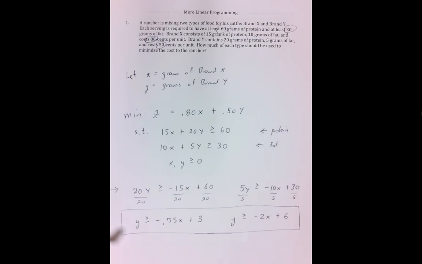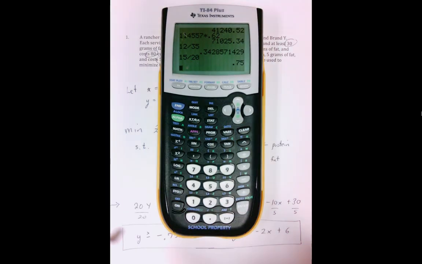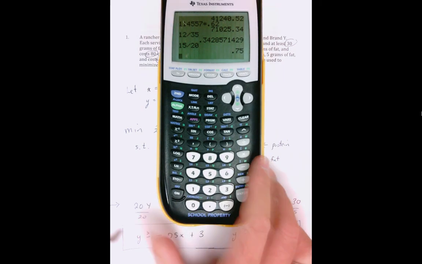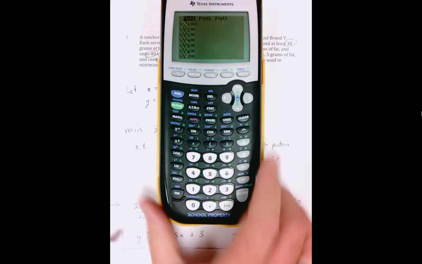Okay, so what we need to do now is put these in our graphing calculator and make some stuff happen. So I'm going to go to Y equals. I've got some stuff in there from my statistics course. So what do I have?